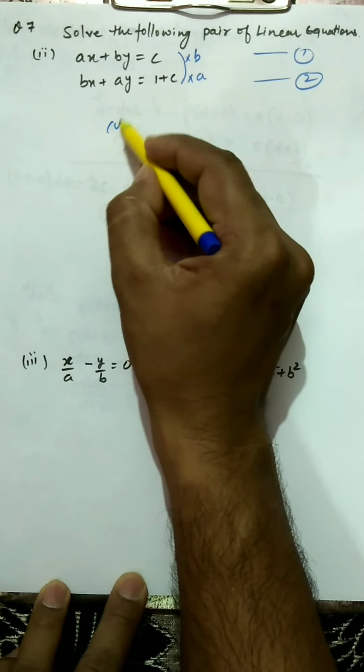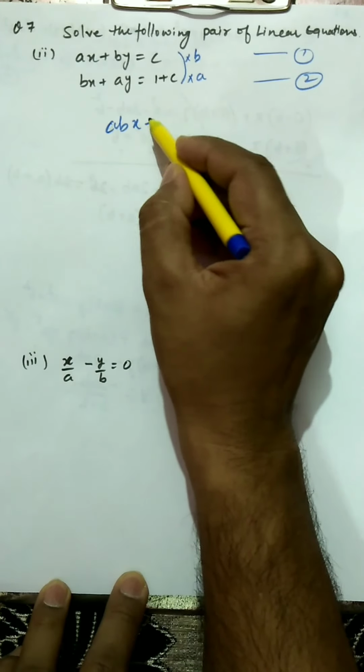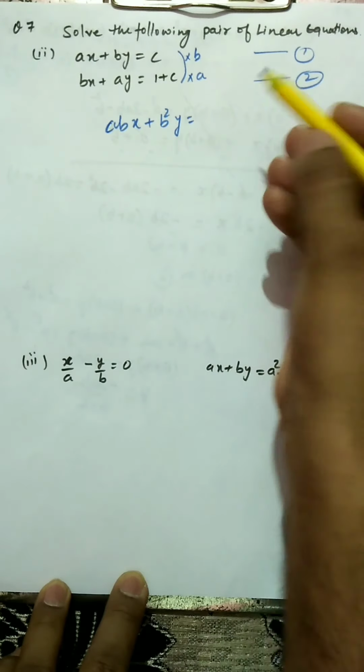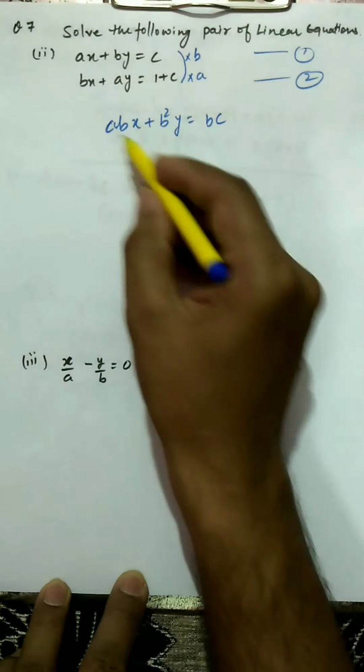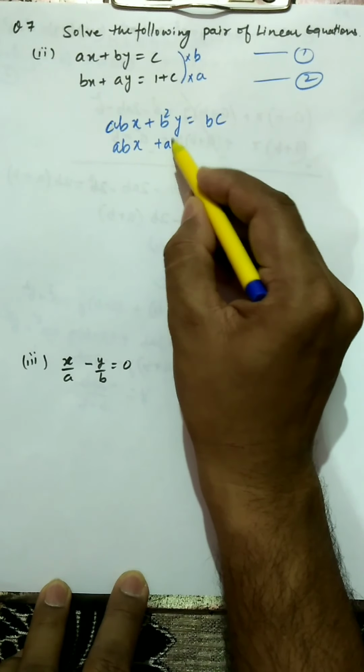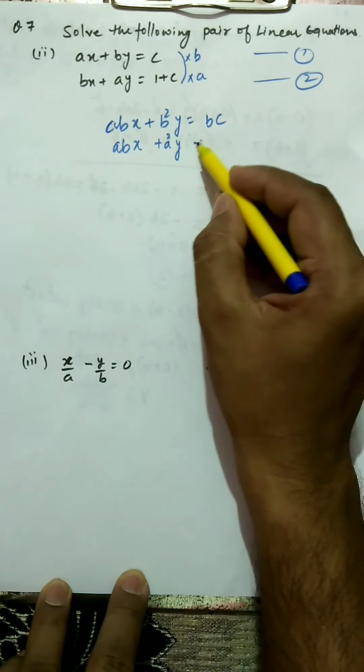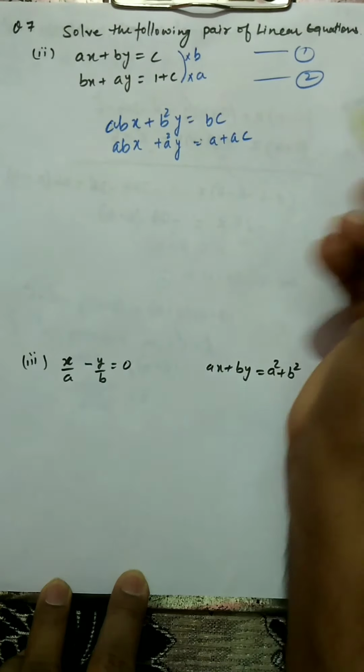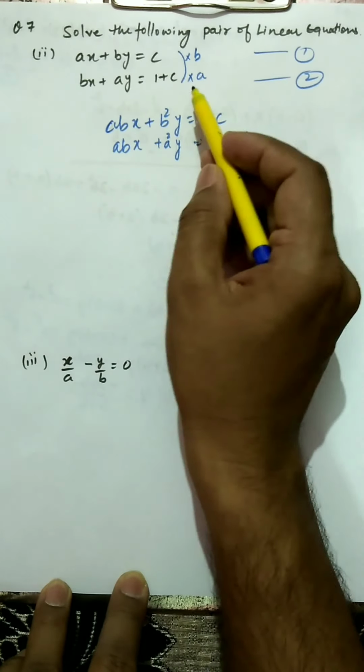So it will be abx + b²y = bc, and if you multiply the second, it will be abx + a²y = a + ac. I am multiplying the complete second equation by a.